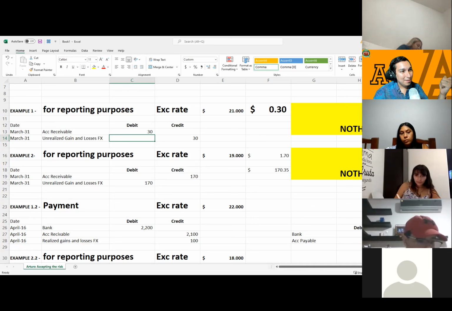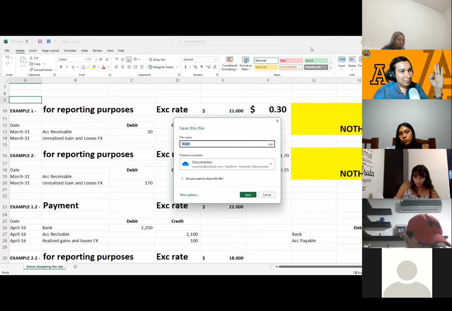That's called a synthetic derivative. You will see it right afterwards, but you get my point, guys. This is the first transaction, all the work that you have to do, and in order to understand that if you will have foreign transactions, you will have unrealized gains, realized gains, exchange rate risk.